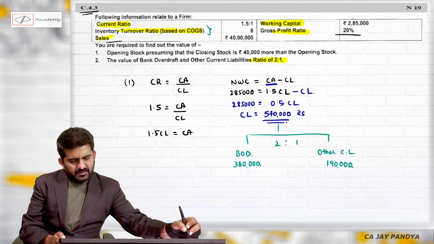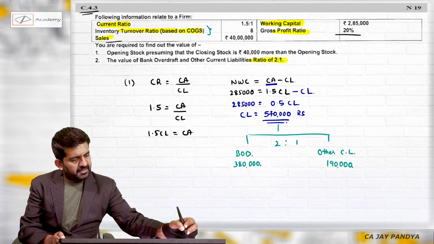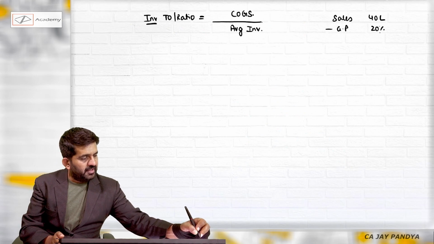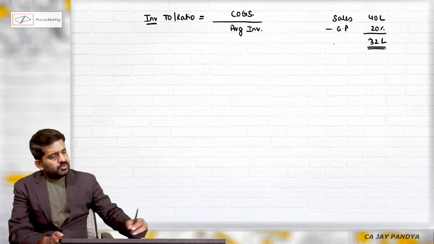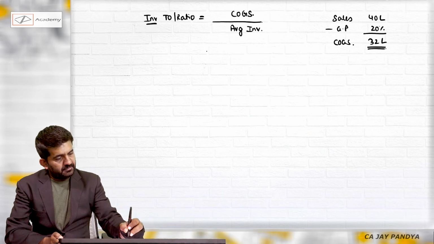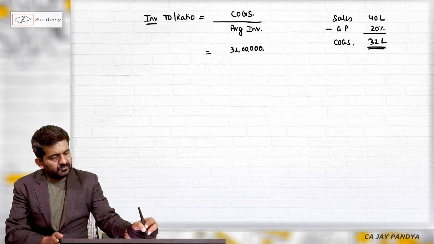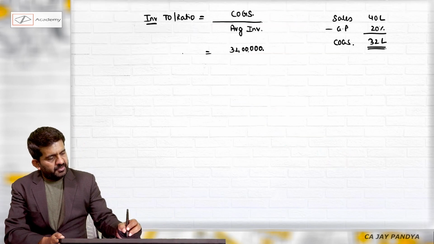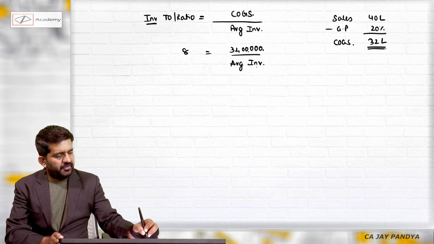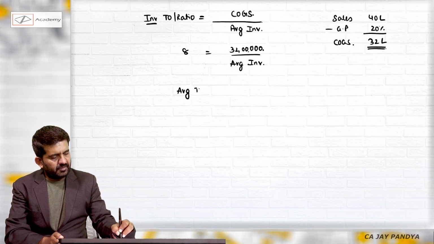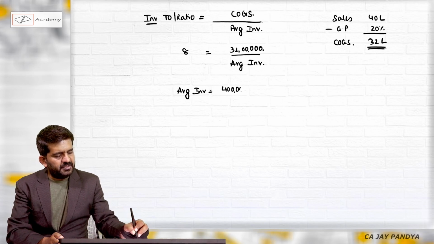Sales 40 lakhs minus GP 20%, which is 8 lakhs, will be COGS. COGS is 32 lakhs. Inventory turnover ratio is 8, so I will get average inventory as 4 lakh rupees.